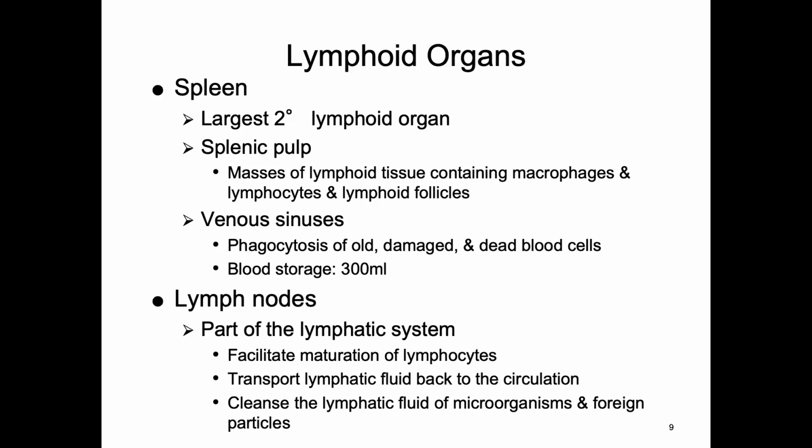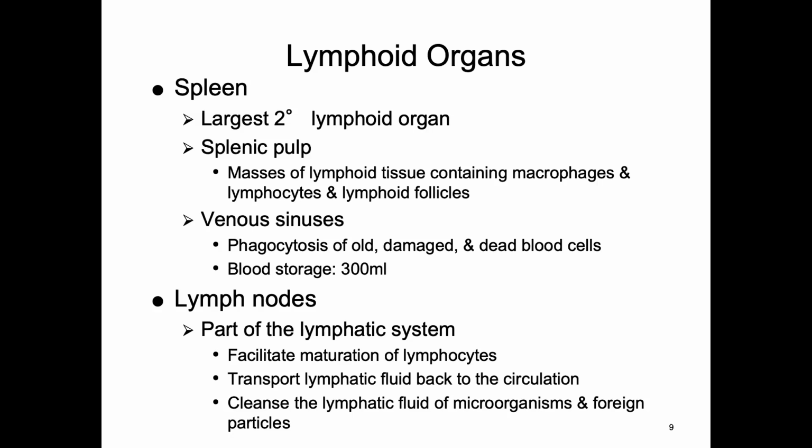Venous sinuses are where phagocytosis of dead blood cells takes place. It stores about 300 ml of blood, so it's a blood reservoir. But basically, it's there to clean up the blood, all right, and to help recycle the red blood cells that wear out. Okay, so the liver and the spleen, and of course the GI and the kidneys all participate in this, and we'll see how a little bit later.